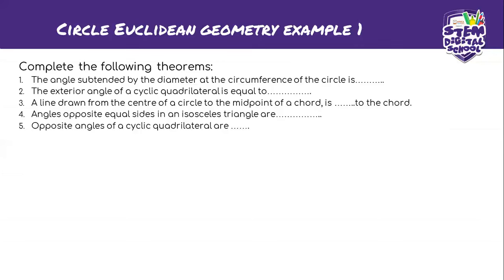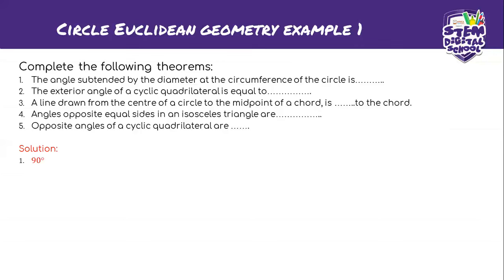Number 1, it says the angle subtended by the diameter at the circumference of a circle is. Now we are going to complete it. The answer for that one is 90 degrees. The angle subtended by the diameter at the circumference of a circle is equal to 90 degrees, right?